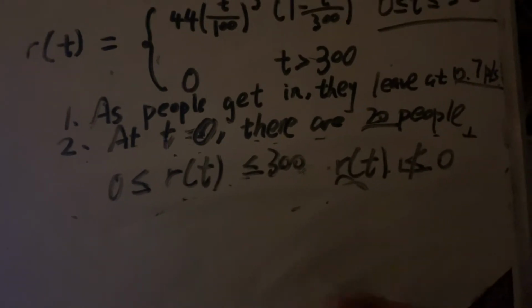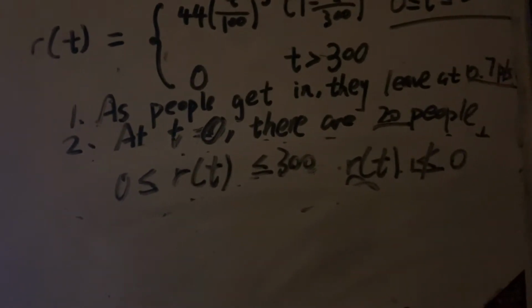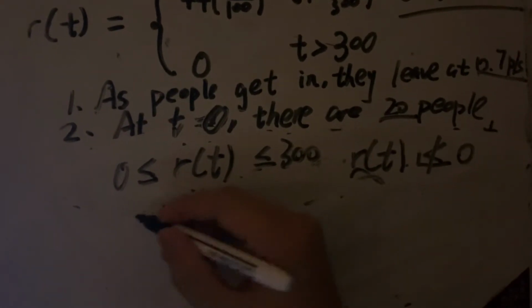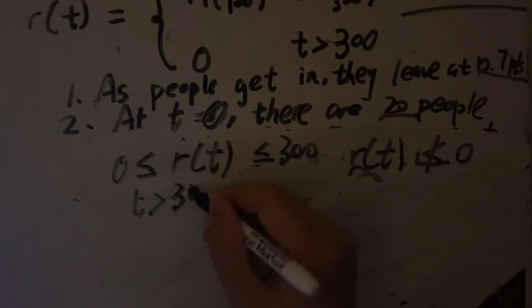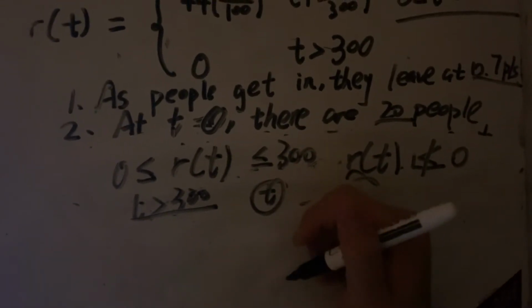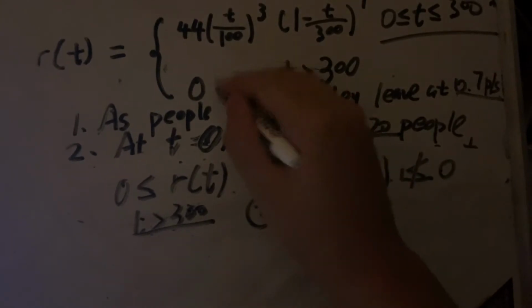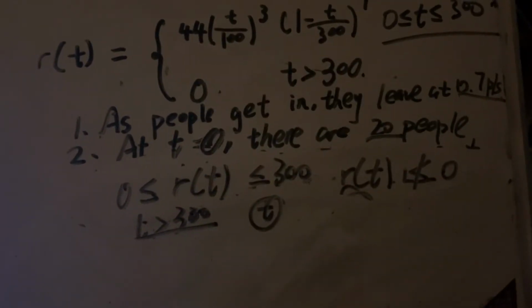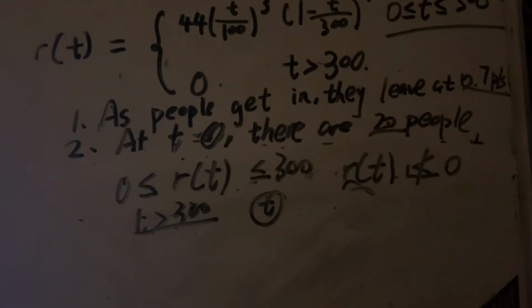Okay, let's work on the third problem. For t larger than 300, what is the first time t that there are no people in the escalator? So we know that at 300, there are no more people coming into the escalator.